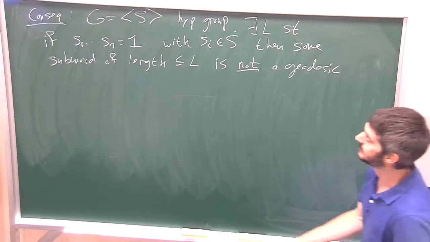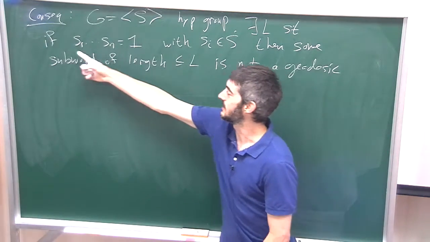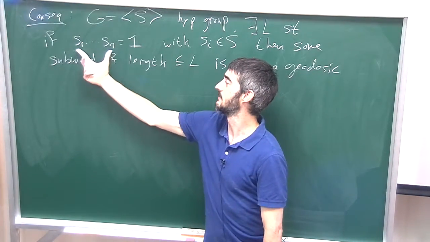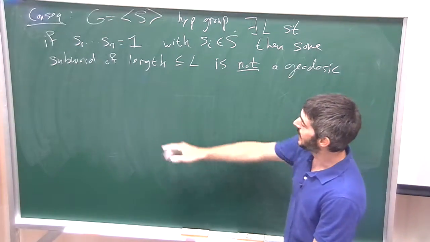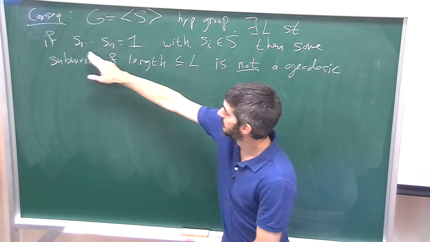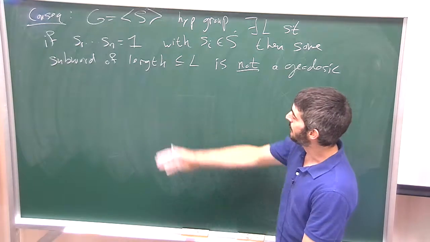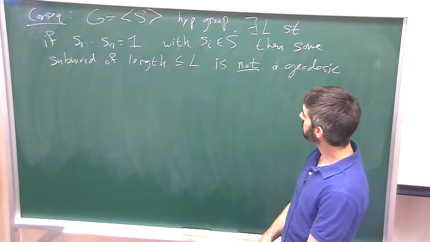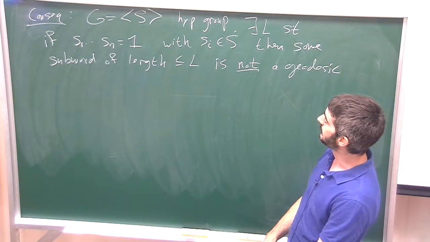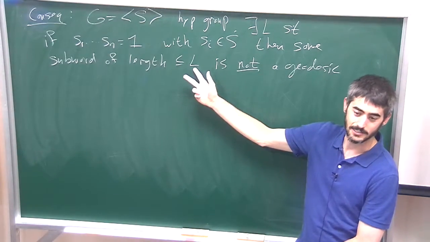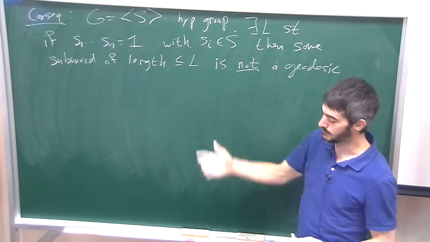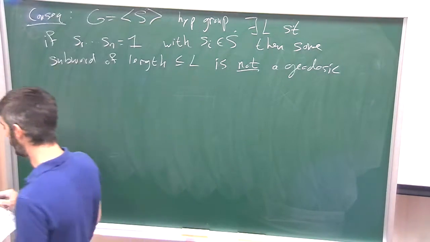Obviously, in this case, this word is not a geodesic word, because the shortest representative of this element is just 1, which has length 0, but this has length n. I'm just saying, if I have a word in my generators that happens to define the identity, then some subword of bounded length L is not a geodesic. That's an immediate consequence of what we did.